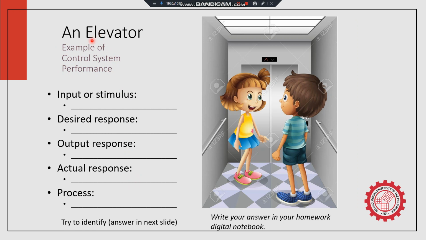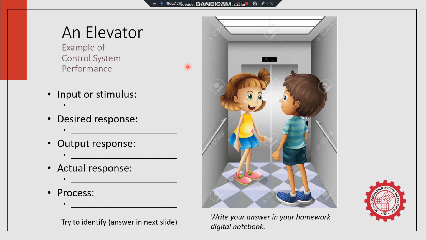Now, let us identify the input or the stimulus, the desired response, the output response, the actual response, and the process. As you are viewing this, try to answer.